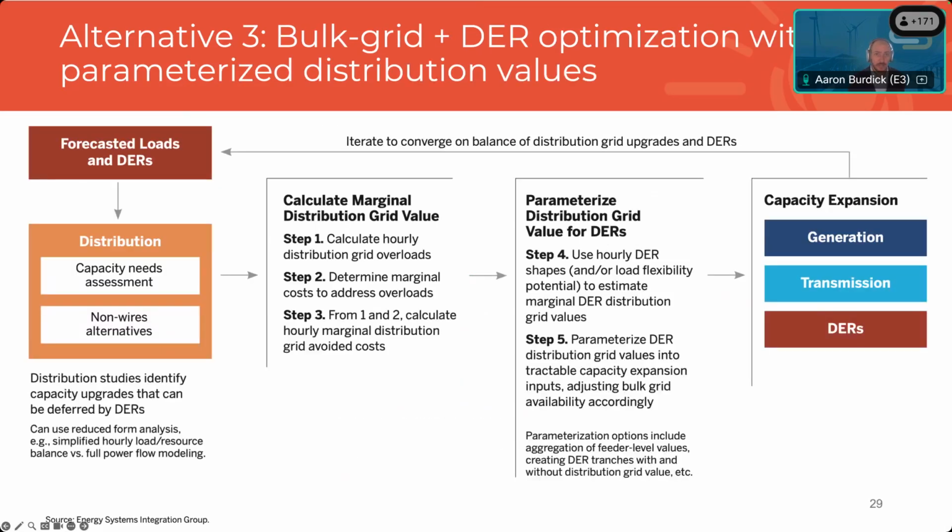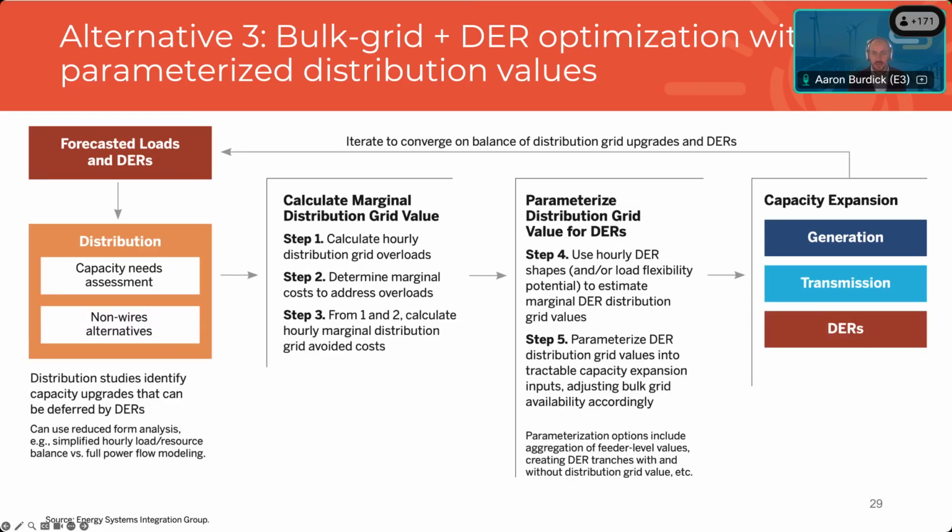And then alternative 3 really starts with the distribution planning process. So here we have a starting point of forecasted loads and DERs that informs a distribution planning assessment of where there is capacity need and what the marginal costs are to address that need.